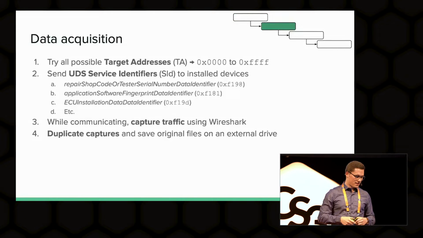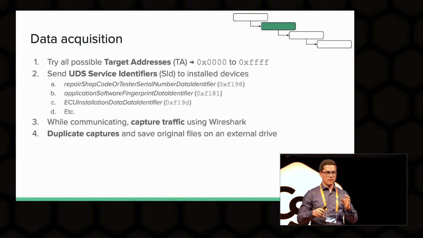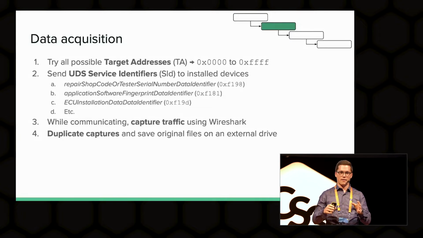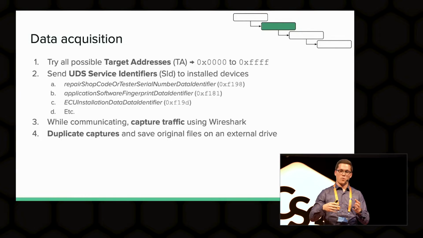So next up is the data acquisition. Since in our research we're acting like an independent researcher team, a third party with no internal documentation, we don't know which systems or ECUs are installed within the car.